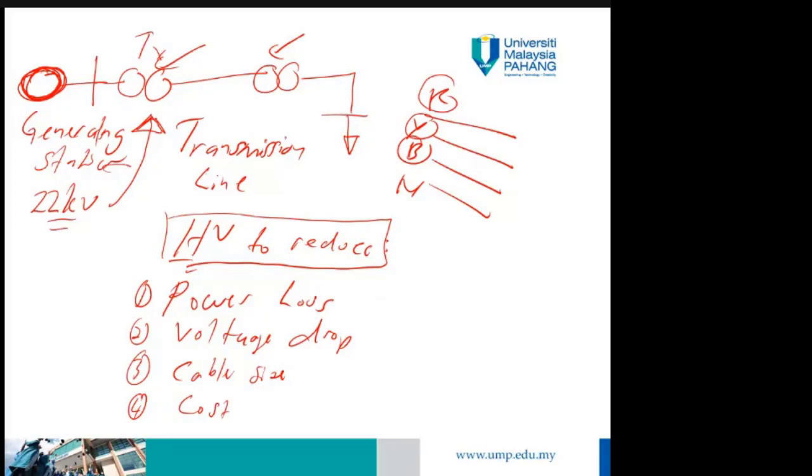Why? Because from the studies, when they are generating the power by using single phase, we can increase the power. Let's say this is power P. Let's say this is phases. Let's say this is one phase, two phase, three phase, four phase, five phase, six phases.